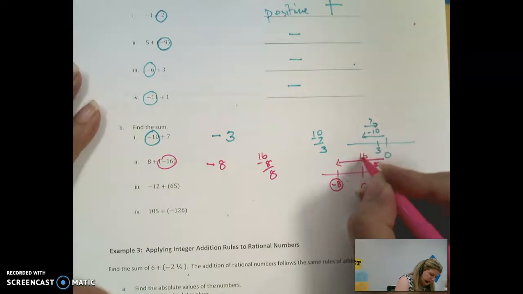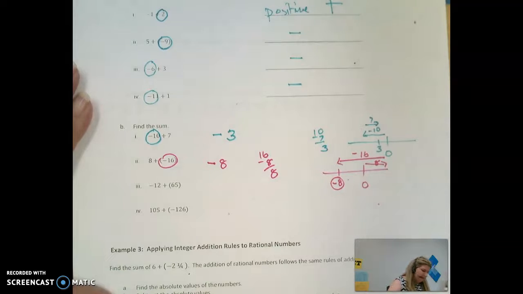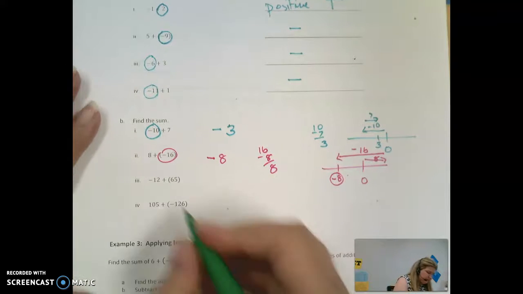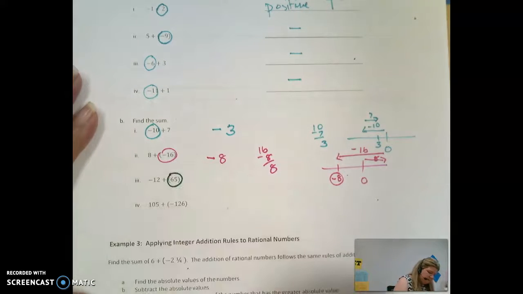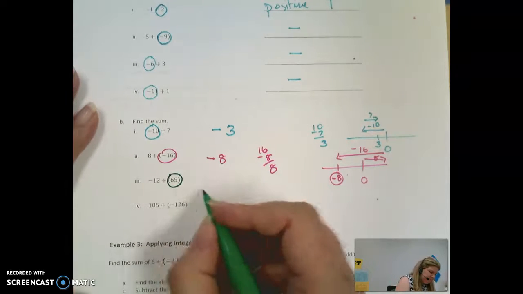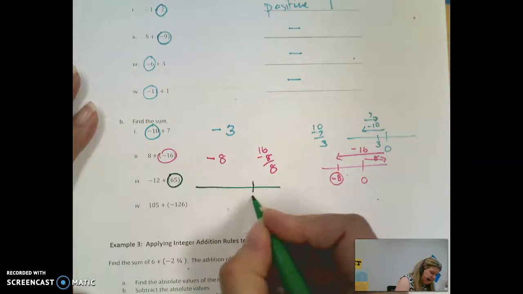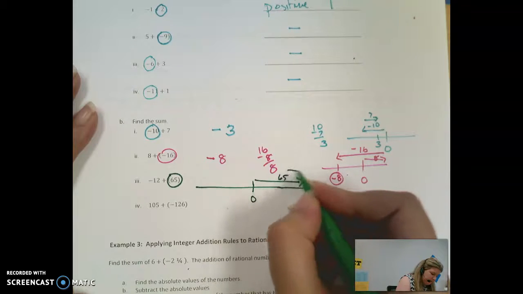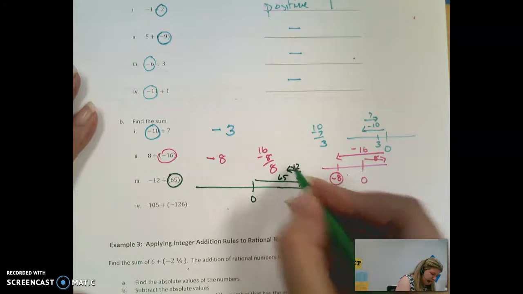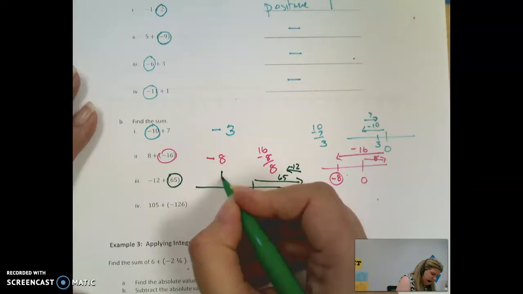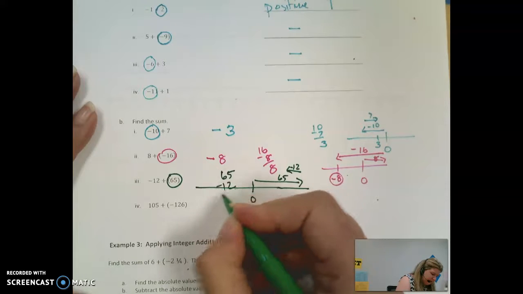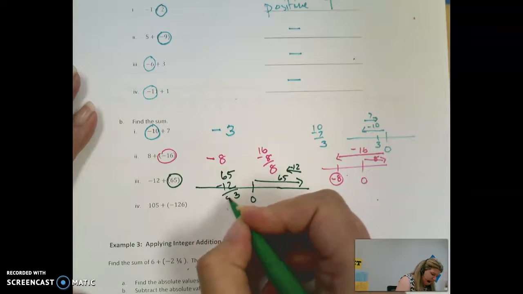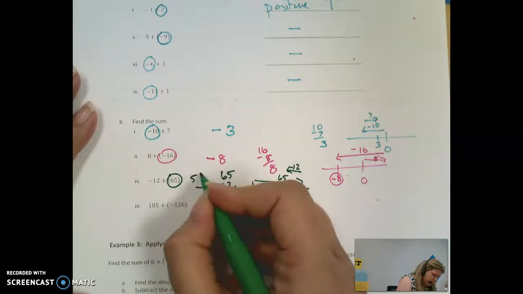8, 16. Okay. Greater absolute value here. 65. Number line. 65, then back 12. So your answer will be positive 53.